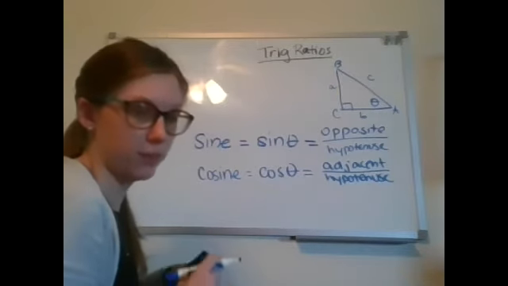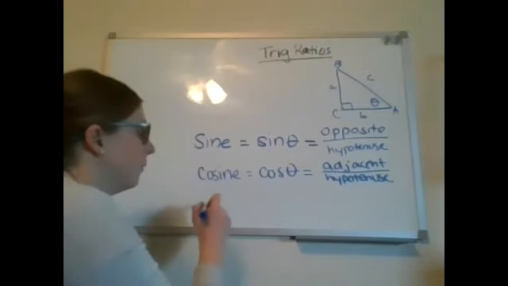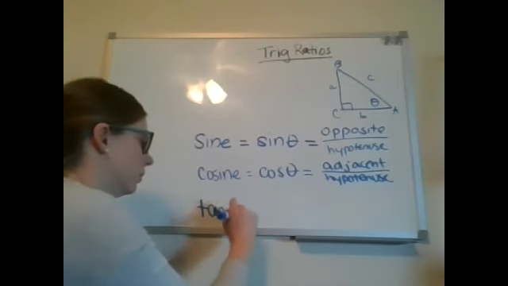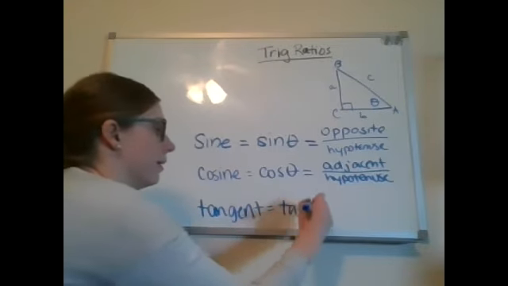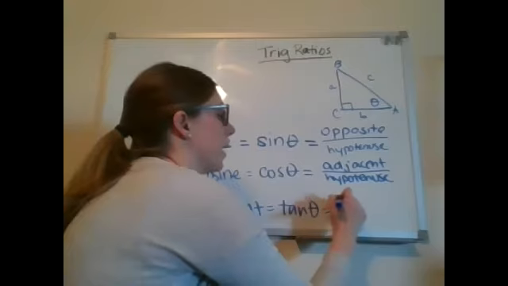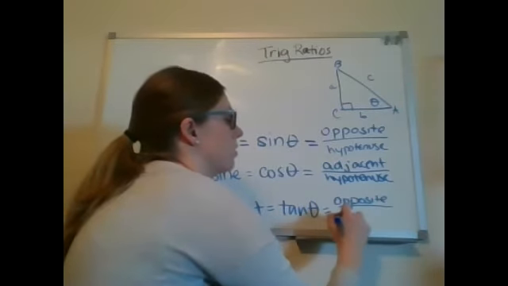If you guys have questions, don't forget you can let me know and I can walk you through it. And the third one we're going to talk about is tangent. It's abbreviated tan theta, read tangent theta. And it is the opposite side over the adjacent side.